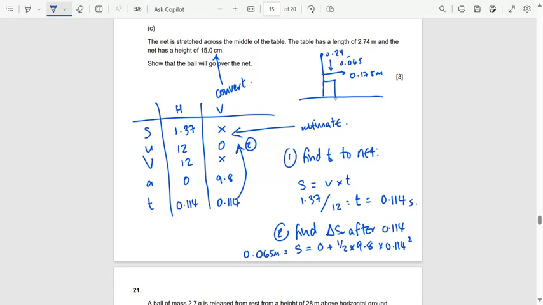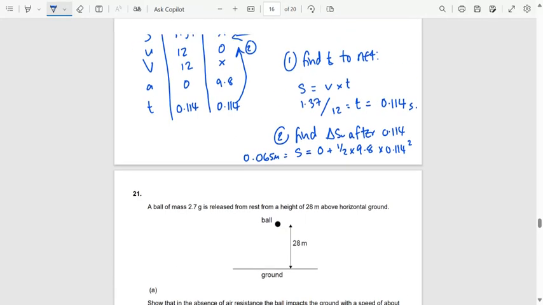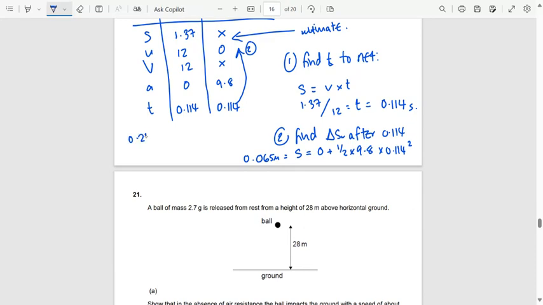Now the net is only that distance, so it clears it by 2.5 centimeters. So let's just show that. The height minus the fall is that. So that's the height above the ground, and it's greater than the net. So yes, it will clear.